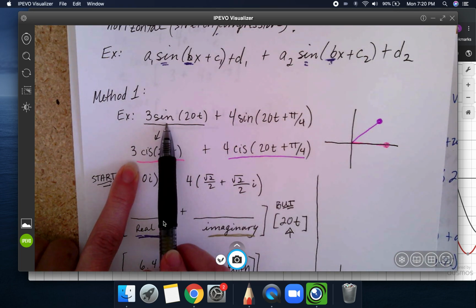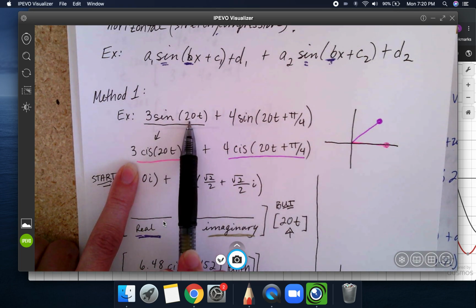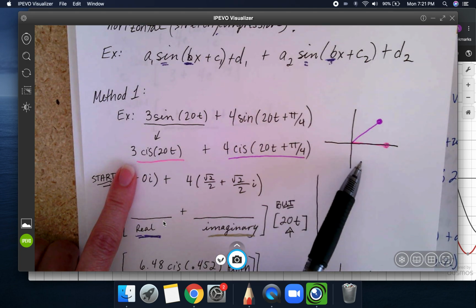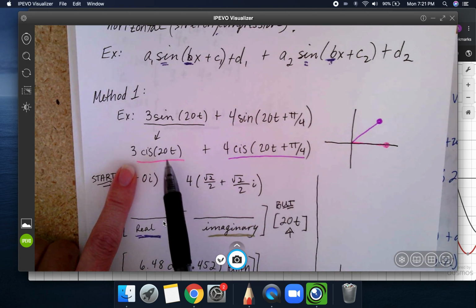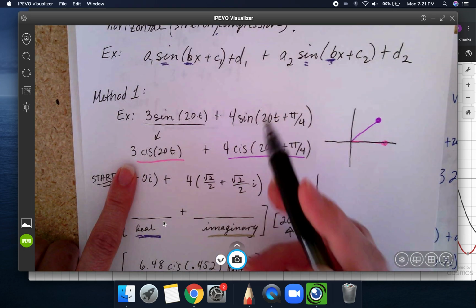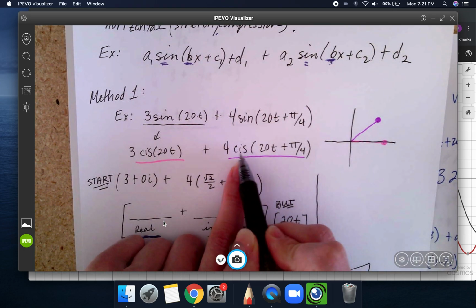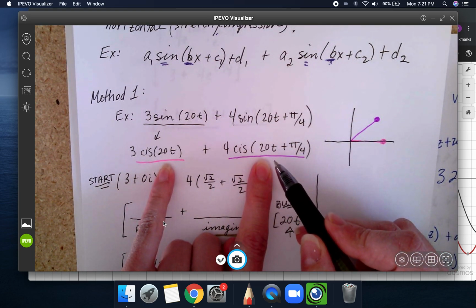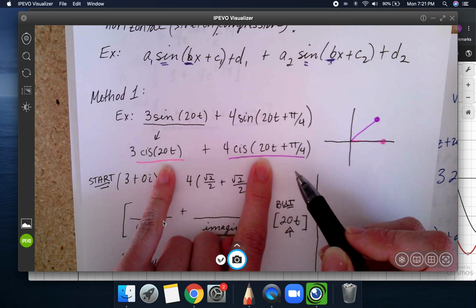So we know that if 3 sine 20t is part of the function, then that can be represented as a portion of this function as we cycle around the circle, with 20 being our frequency, our hertz, basically, in this situation. And then if we have another one, here's this guy, he's the purple, so they're both oscillating at the same speed. That's important in being able to do these.